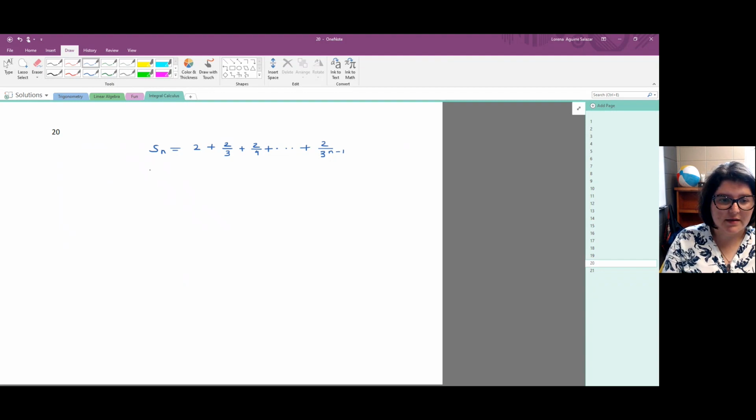If we multiply Sn by 1/3, that's the ratio, then we get 2/3 plus 2/9 plus 2 over 27, and in general we get 2 divided by, and 3 multiplied by 3 to the n minus 1 gives us 3 to the n.